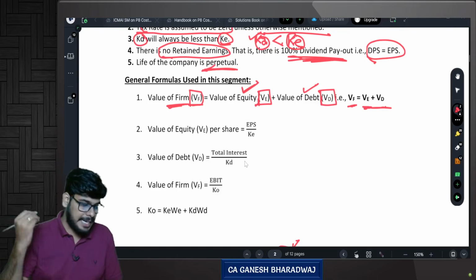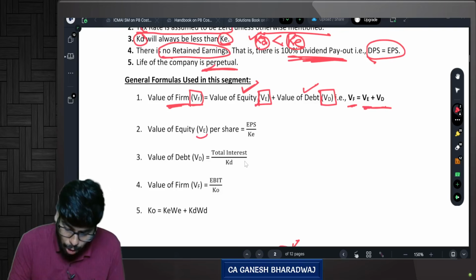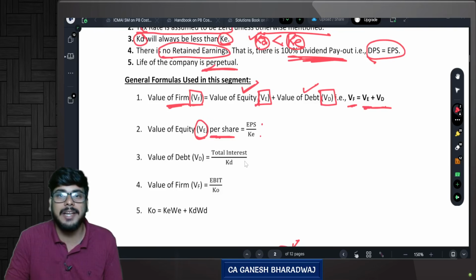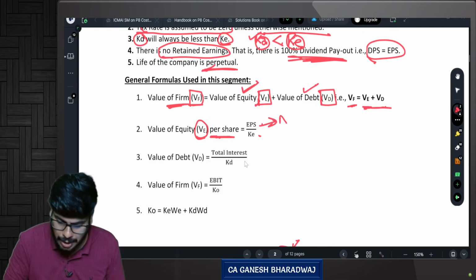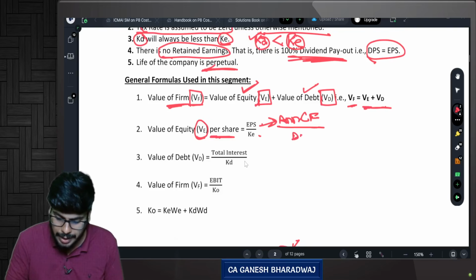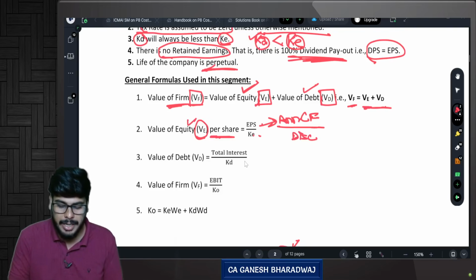Yes. The second part. Value of equity per share is equal to EPS divided by KE. So what is this? Time value of money concept. EPS is annual cash flow, annual cash flow divided by discount rate. For equity, what is the discount rate? KE.